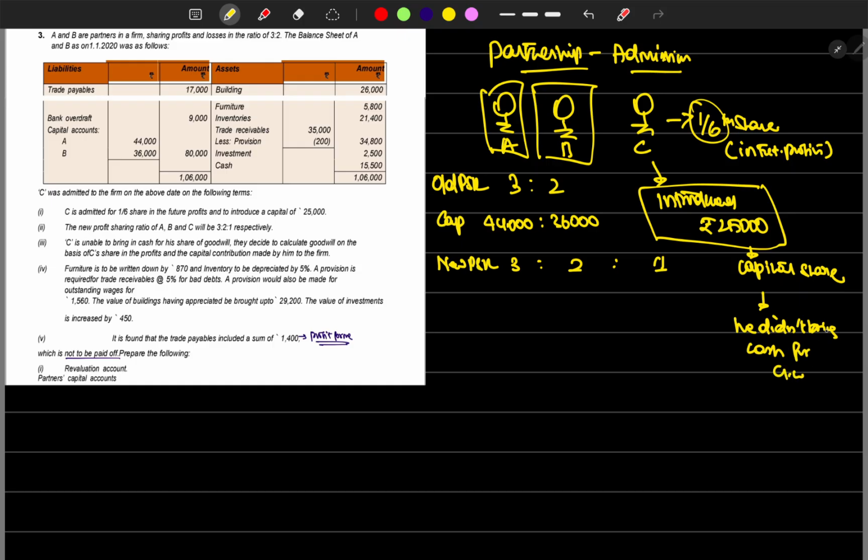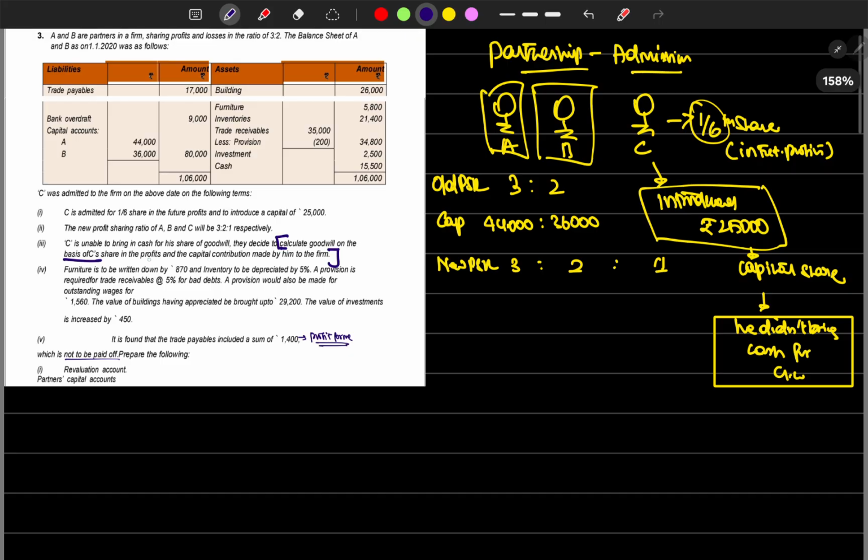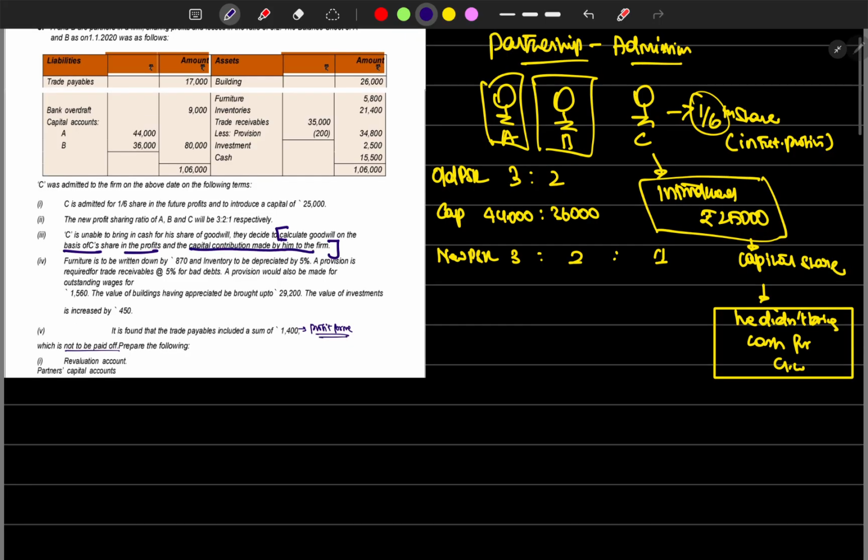Then they decide to calculate the goodwill on the basis of C's share in the profits. They did not give any details about goodwill, so they asked us to calculate the goodwill on the basis of C's share in the profits and the capital contribution made by him.